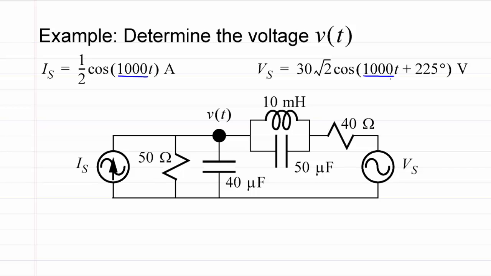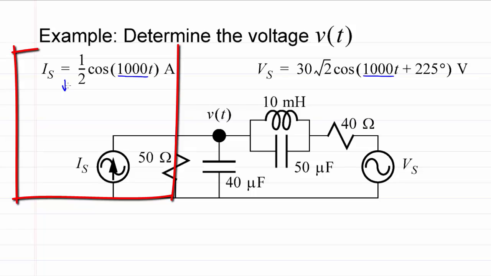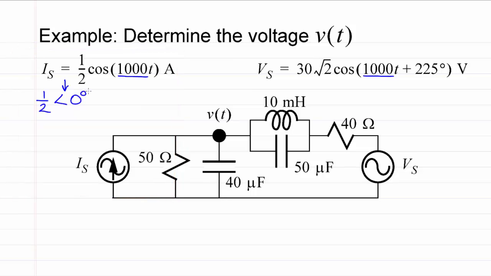To begin, we need to take each of the elements, the sources, the resistor, the capacitors, and the inductor, and find their equivalent transform in the phasor domain. For the current source, I'm going to have a magnitude of 1/2 at an angle of 0 degrees.